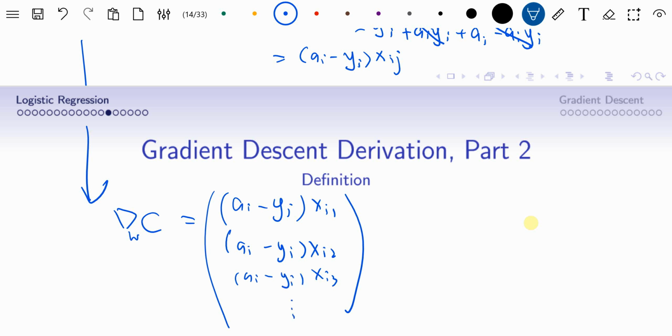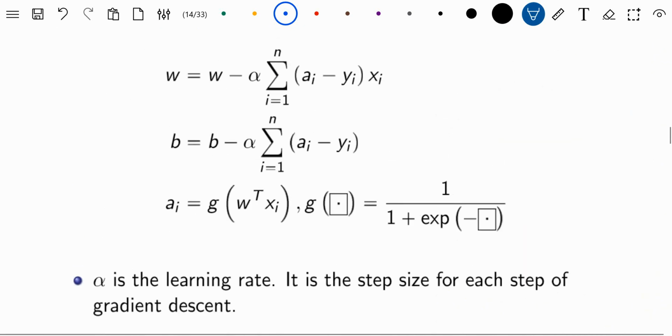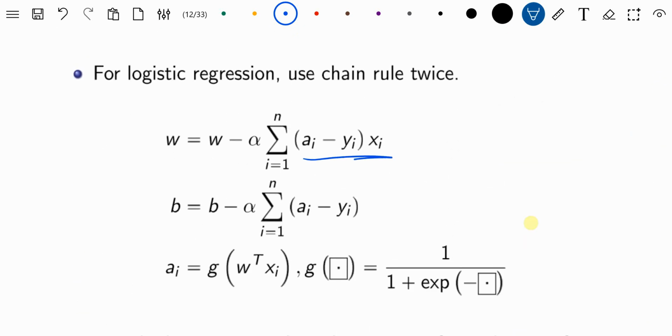So then you realize it's just this thing, which is a constant multiplied by this xi. So if you look back at the equation here, it's exactly that multiplied by the learning rate.